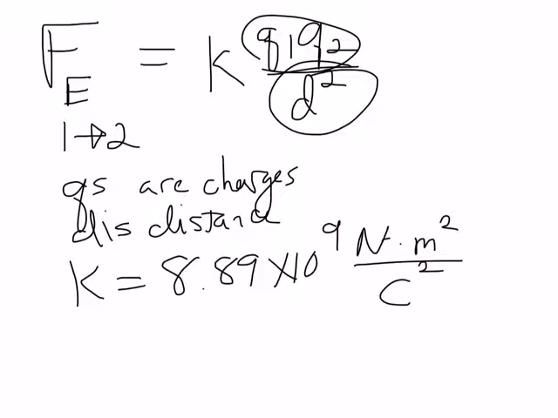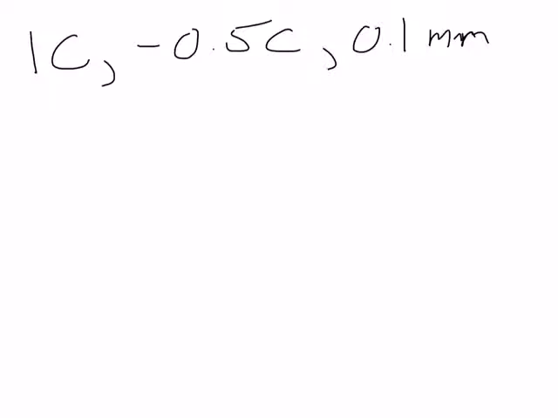So, for example, say we did a 1 coulomb charge and a 0.5 coulomb charge, and they were 0.1 millimeters apart. We would say that the force of electrostatics of charge 1 and charge 2, by the way, you'll notice this is going to be symmetric. I'm going to get the same force magnitude for both of them, which is what Newton's third law says I should get.